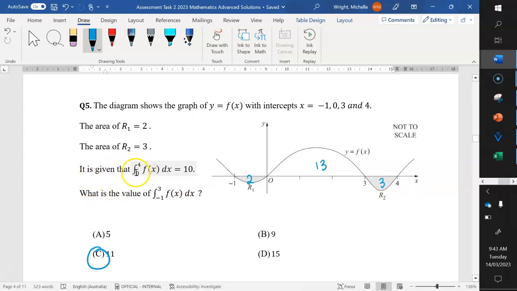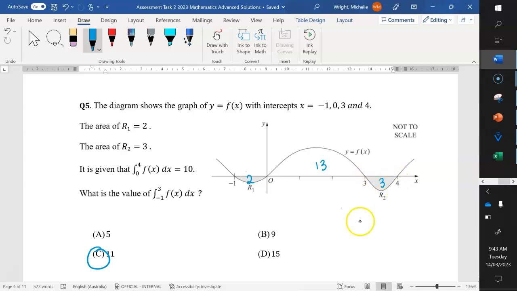We're given 2 bits of information. It's given that between 0 and 4, so between here and here, the integral of f of x is equal to 10. This is where you really need to know what you were doing. When we're working out the integral, what happens is the area above the curve takes away the area below the curve. So we had the area below the curve being 3.